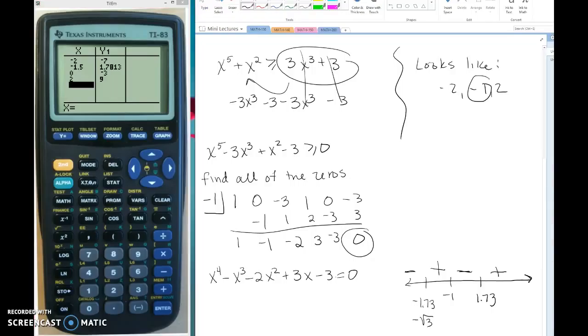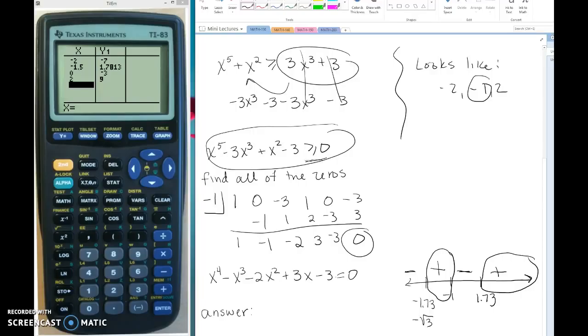Now we're going to look back at our original inequality. We want to know where it is greater than or equal to 0. That means where it is positive. So we want this interval and this interval. Since it's greater than or equal to, we'll use the brackets. So bracket negative 1.73.